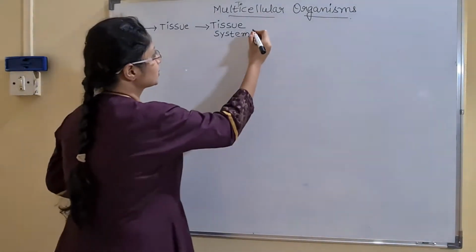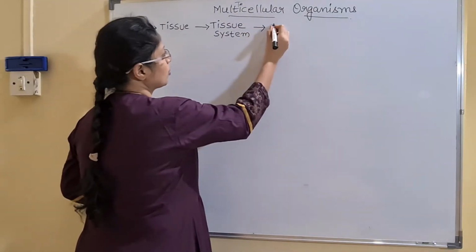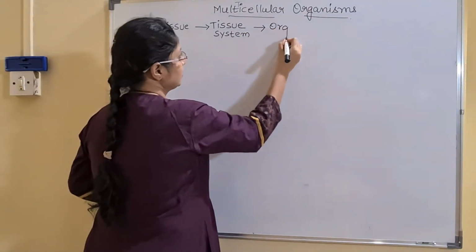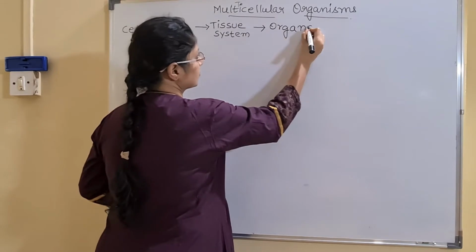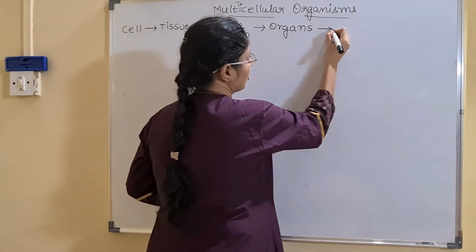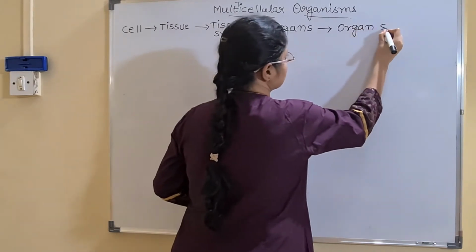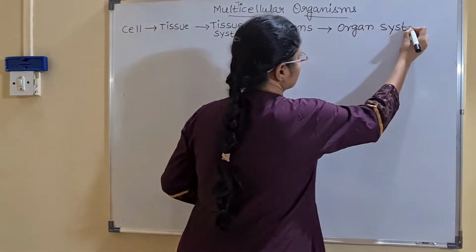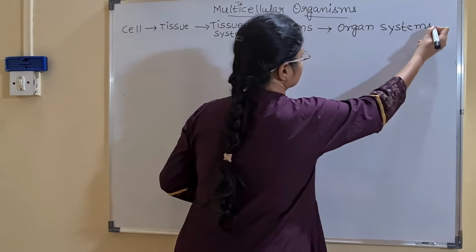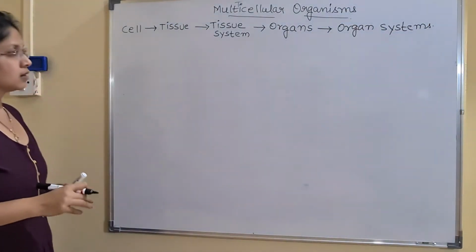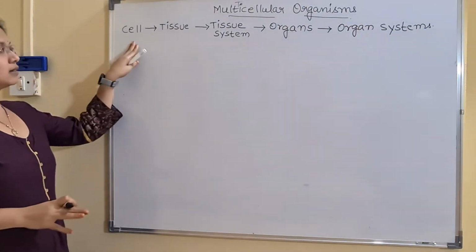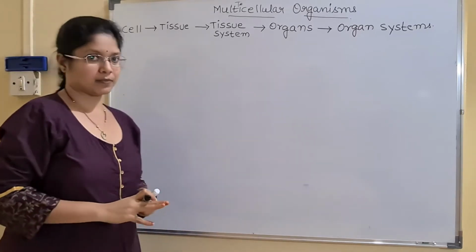And tissue systems are again forming organs. Organs are forming organ systems. Okay? So here, this is the level of complexity.